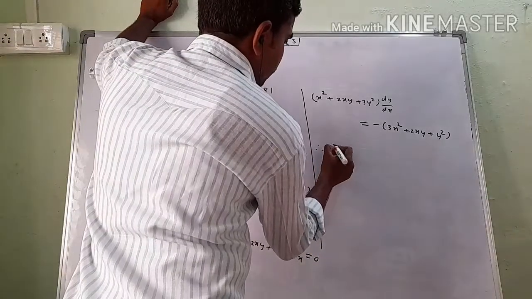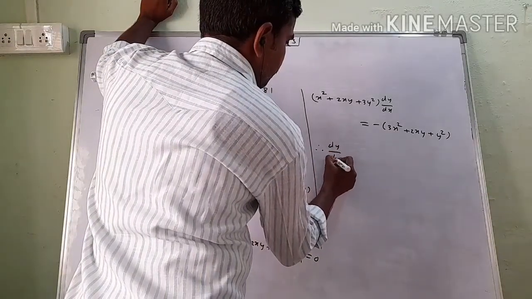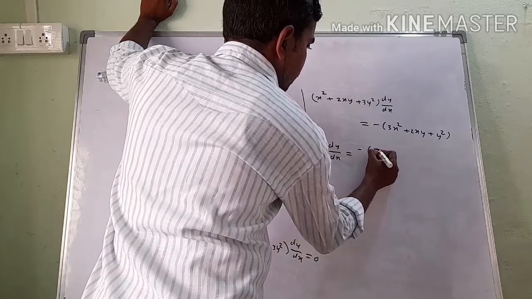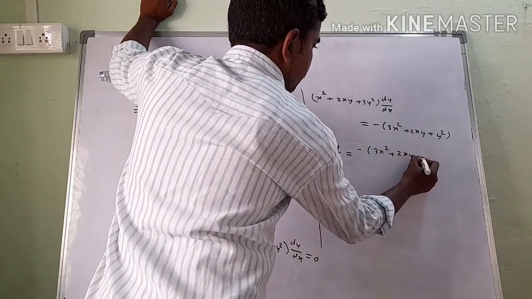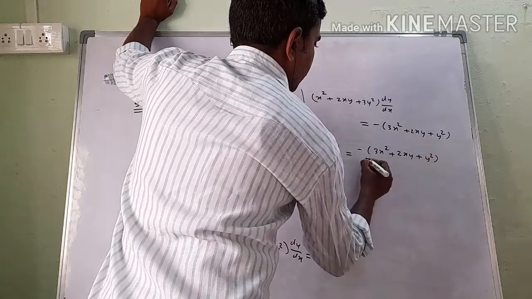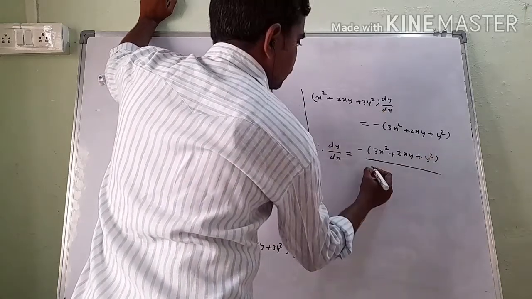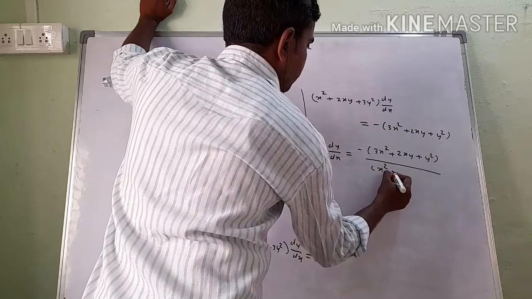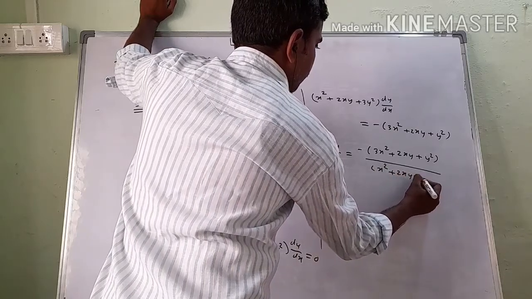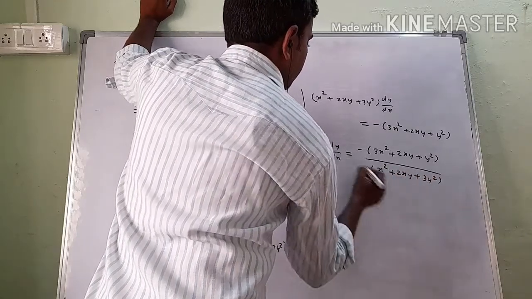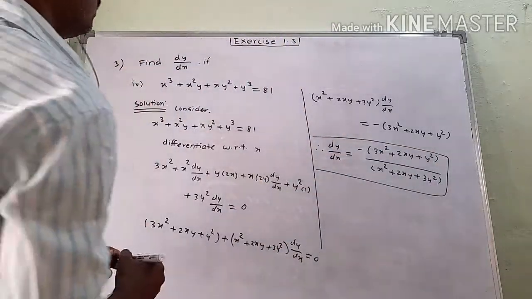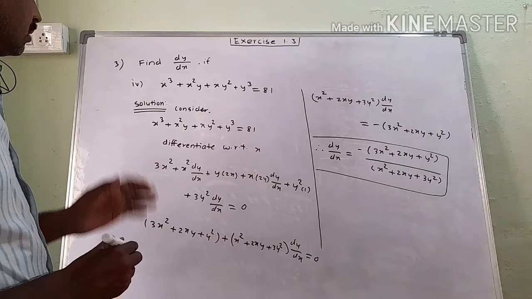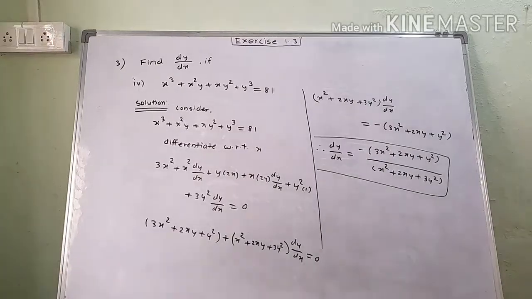Now our required value of dy/dx is minus this term as it is, divided by this coefficient in the denominator, x square plus 2xy plus 3y square, and this is the required derivative of y with respect to x, the solution for the implicit function of the fourth example.